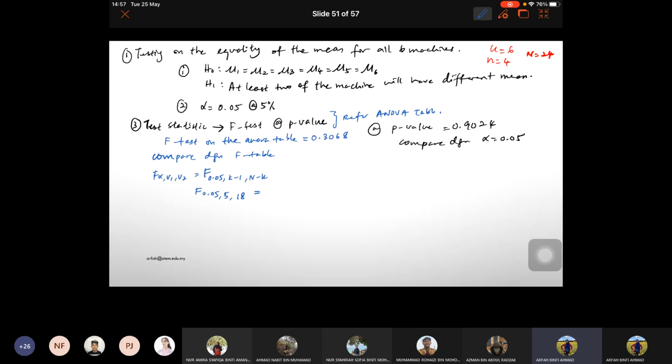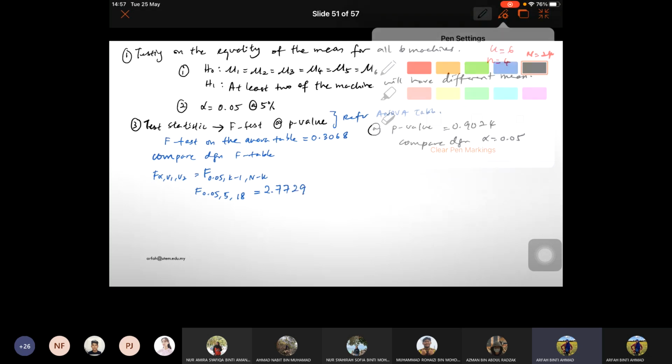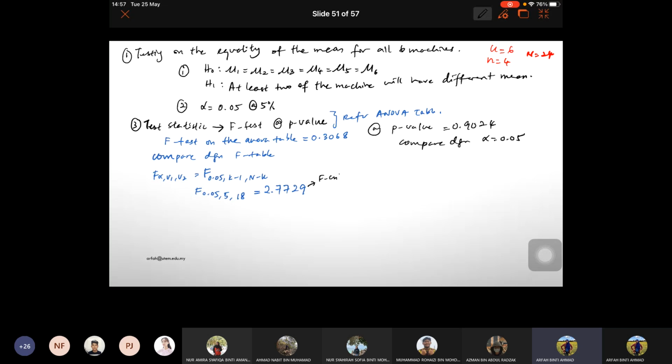Okay. So, kalau awak prefer, sama dengan 2.77 dekat dalam ANOVA. That is F crit in ANOVA Table. So decision, kalau awak tengok dekat sini, F crit adalah 2.77. Okay. So dekat sini adalah awak punya rejection region.